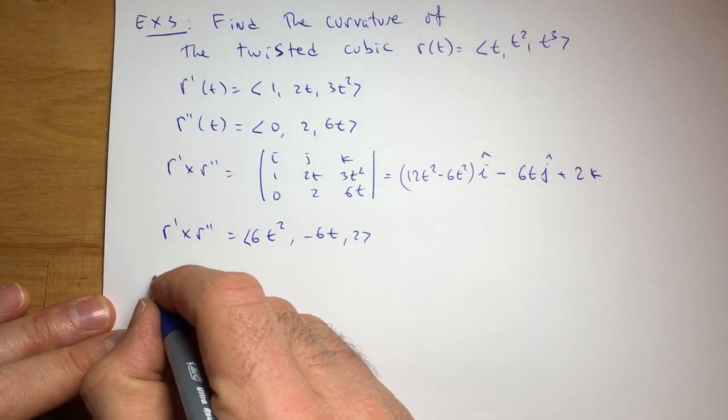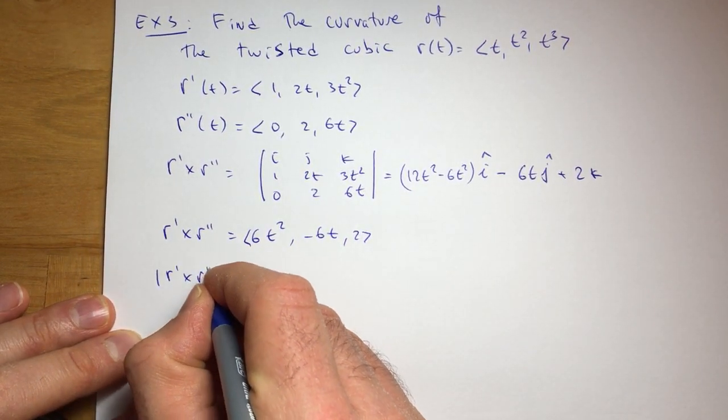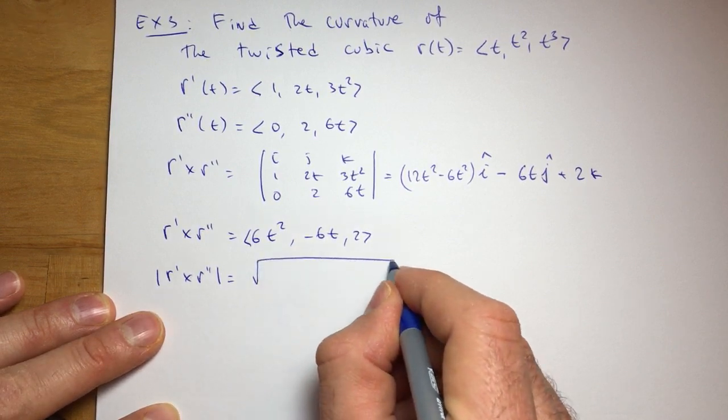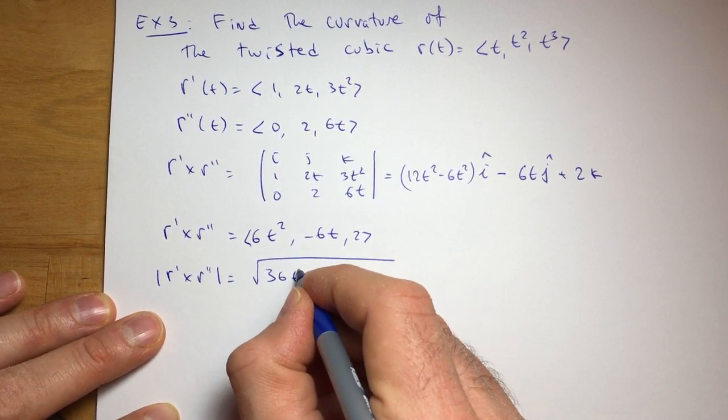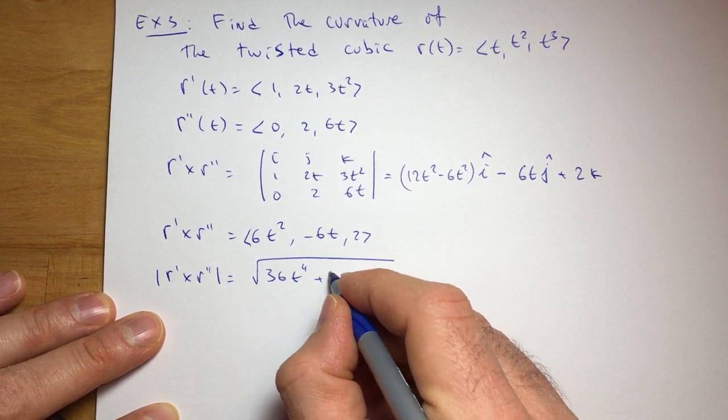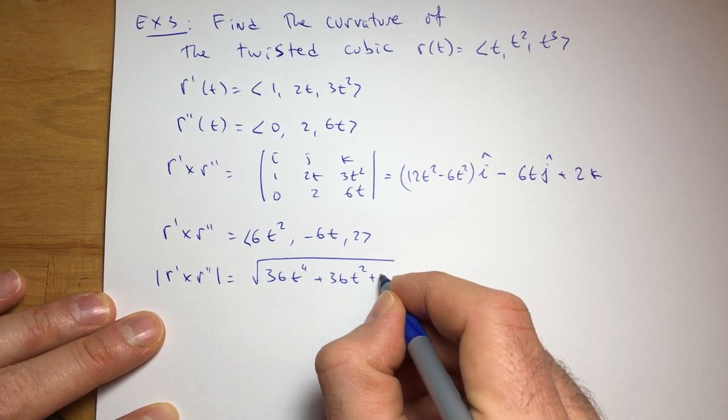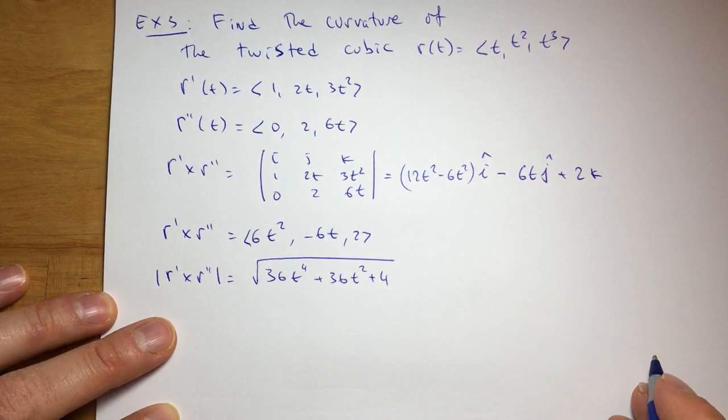Now we have to find the magnitude of this cross product. That's the square root of 36t to the power of 4 plus 36t squared plus 4.